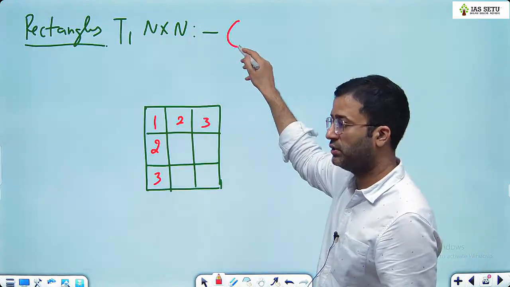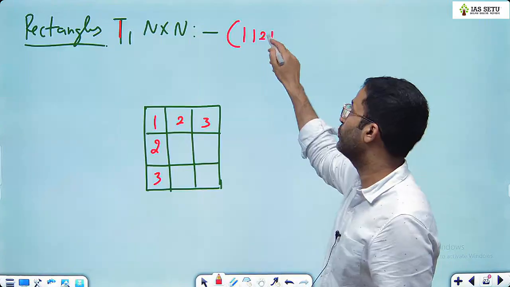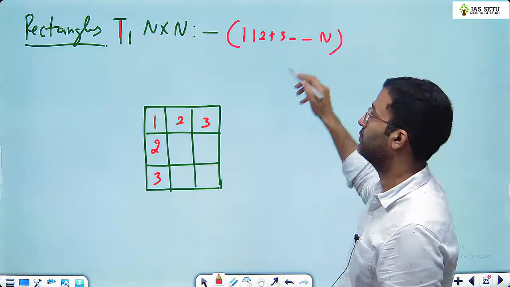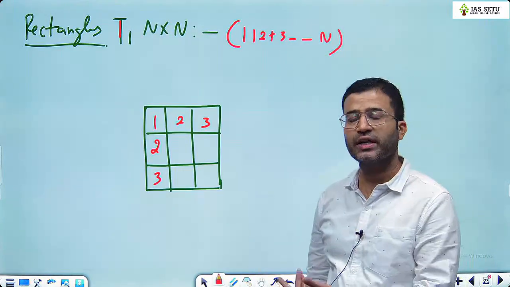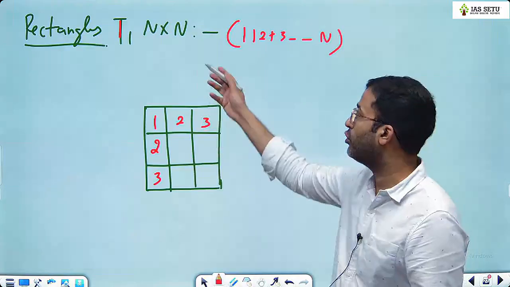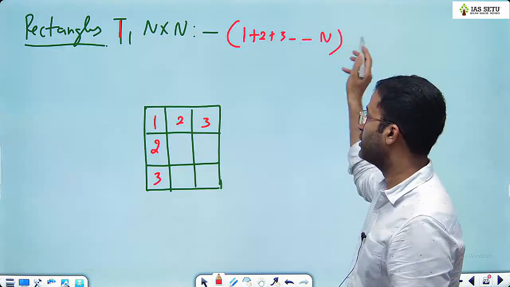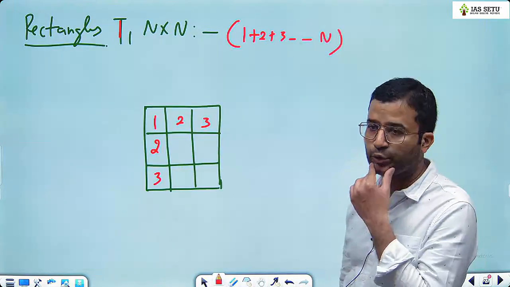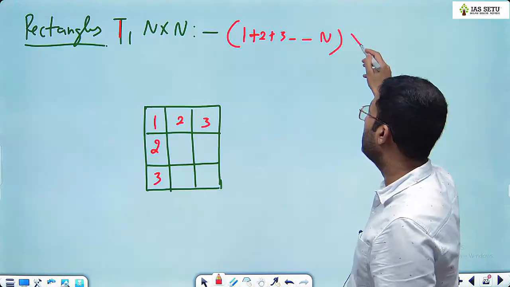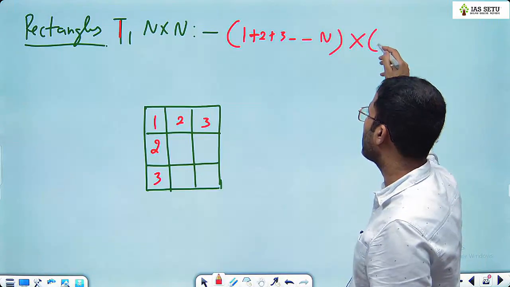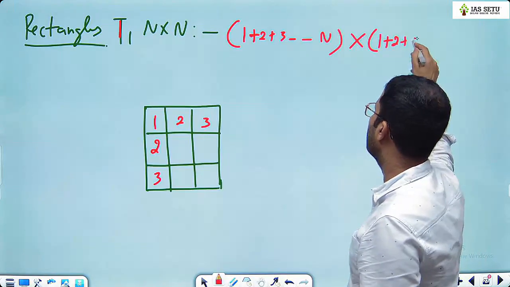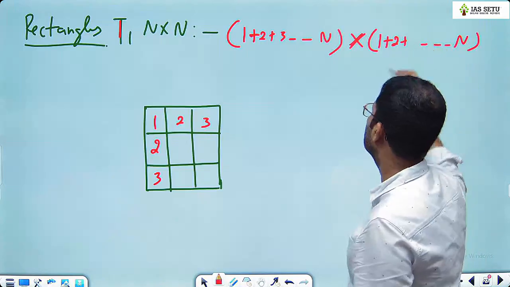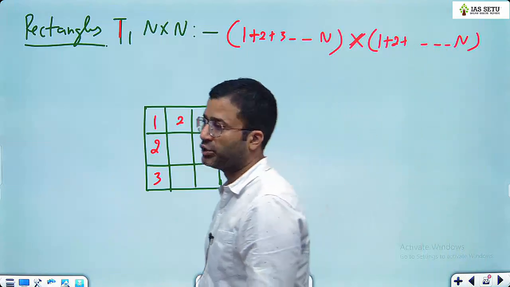Bracket start 1 plus 2 plus 3 up to n. Depending on the question, n can be 2, 3, or 4. So the sum of the first n natural numbers, 1 plus 2 plus 3 up to n, multiplied with the other bracket, 1 plus 2 plus 3 up to n, the sum of n natural numbers.